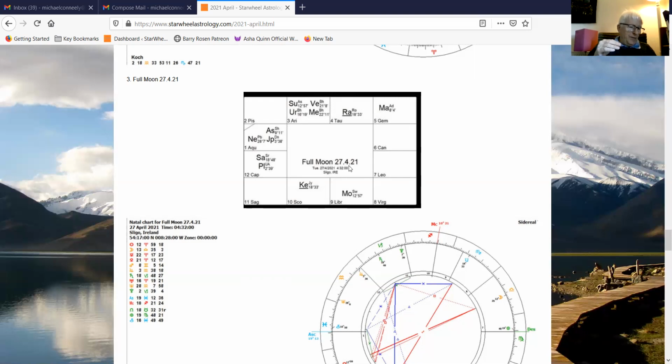But see, the point is that the moon is in Swati Nakshatra, which is ruled by Rahu. And of course, the nodes of the moon bring a fated energy. And so this particular full moon could definitely create a fated dimension for love for you.